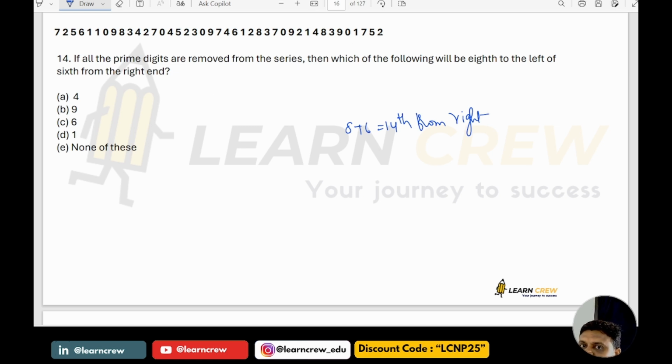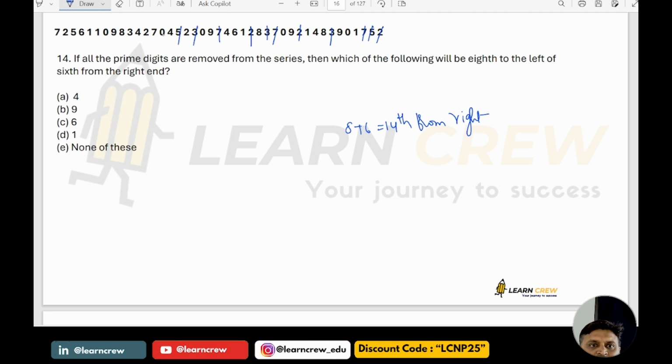So you have to simply remove the prime digits: 2, 5, 7, 3, then 2, then 7, then 3, then 2, then 7, then 3 are removed.